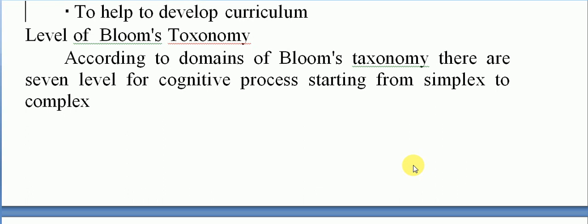Now the levels of Bloom's taxonomy. According to domain, there are 7 levels for the cognitive process, starting from simple to complex. Here we discuss the cognitive process of Bloom's taxonomy.